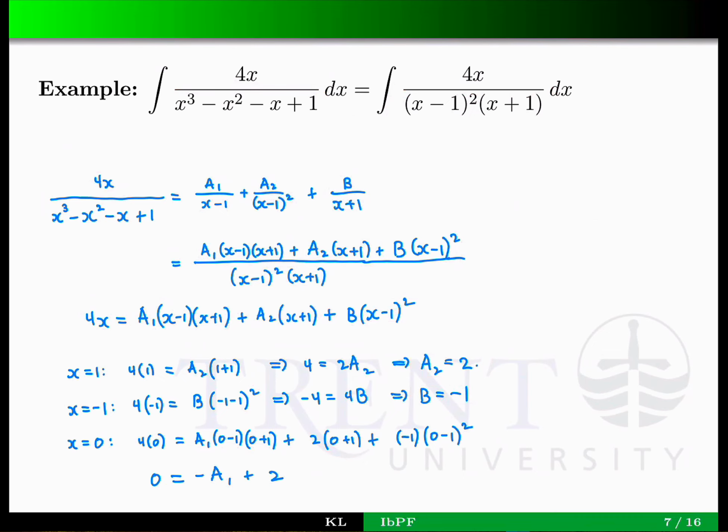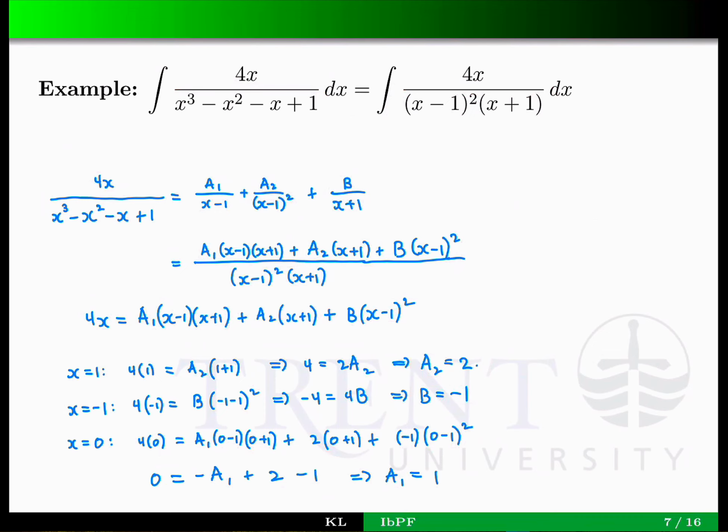Here you got negative 1 squared, that's positive 1, times negative 1, that will be negative 1, so minus 1. So solving, we will end up with a1 equals positive 1. We bring this to the other side, that becomes a1 equals 2 minus 1, that's positive 1.